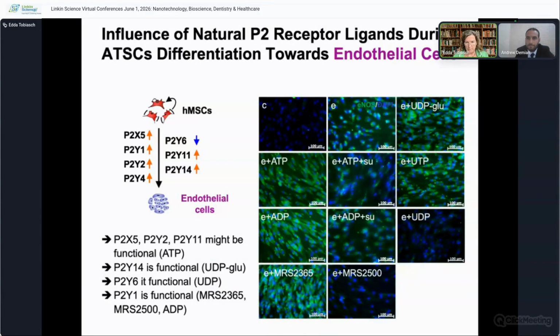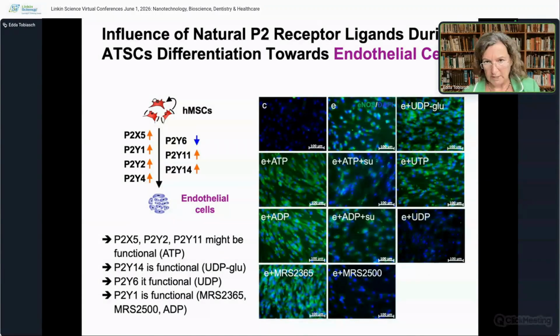If you compare the first two squares, which are the control and the differentiation towards endothelial cells shown by eNOS, you can see that using the ligands there is, to some extent, an enhancement or actually a loss of the staining of eNOS. For example, the loss can be shown for UDP on the right bottom.